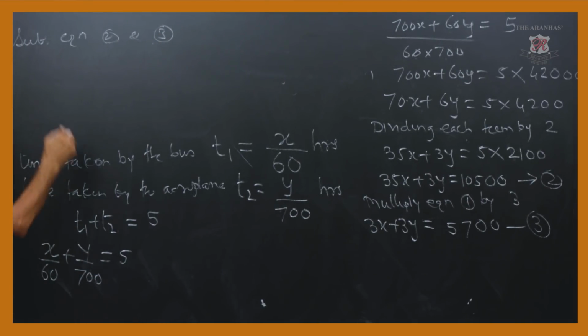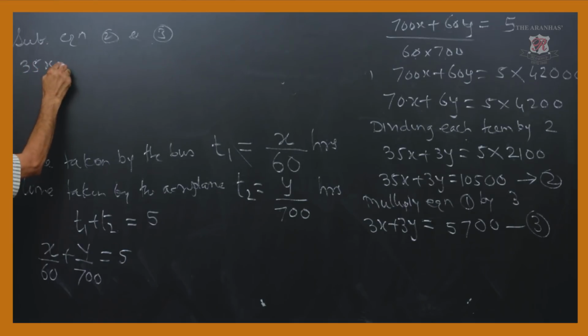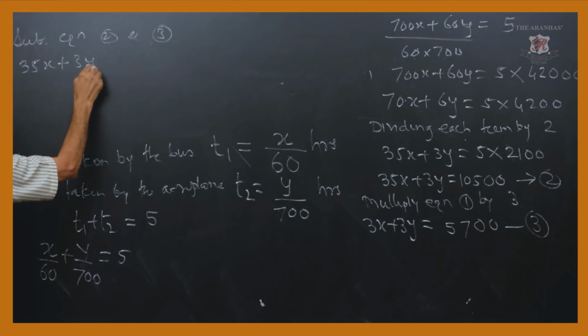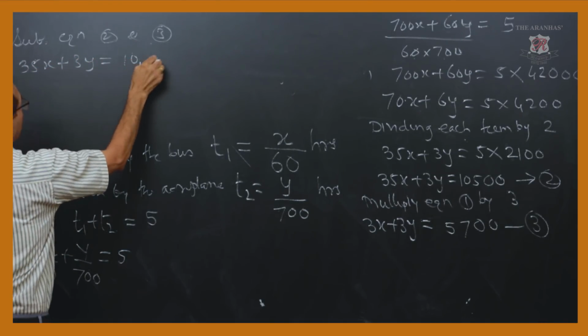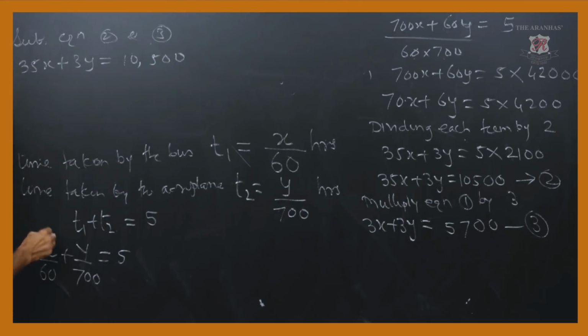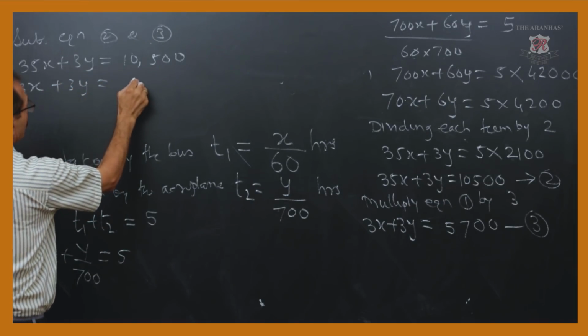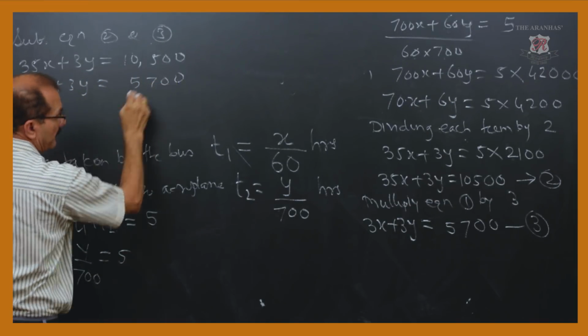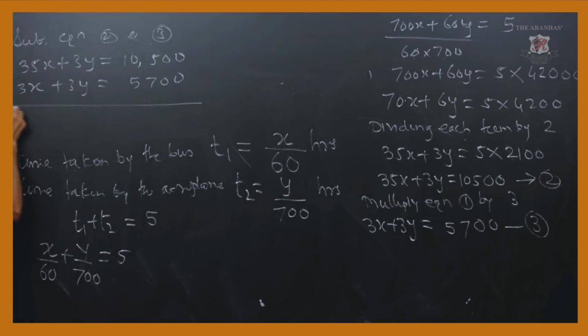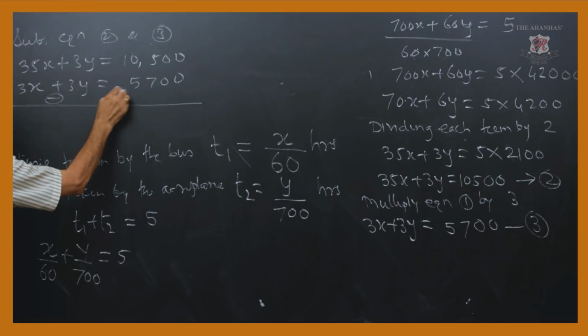What is my second equation? 35x plus 3y is equal to 10,500. The third equation is 3x plus 3y is equal to 5,700. So you have to subtract. So, minus, minus, minus.